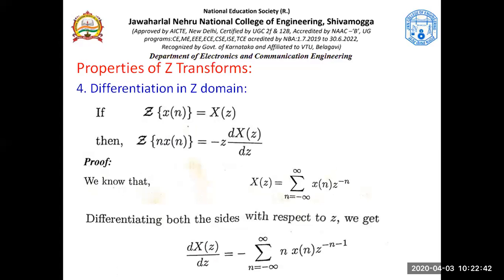Or you can say, multiply minus z on both the sides. If you multiply minus z on both the sides, you'll have minus z here, and it will become plus z here because you are multiplying by minus z, and there is a z in the denominator. Z to the power of minus 1 is 1 by z, so that z and this z get cancelled, and you'll have this. Fine. Now just observe this right hand side.